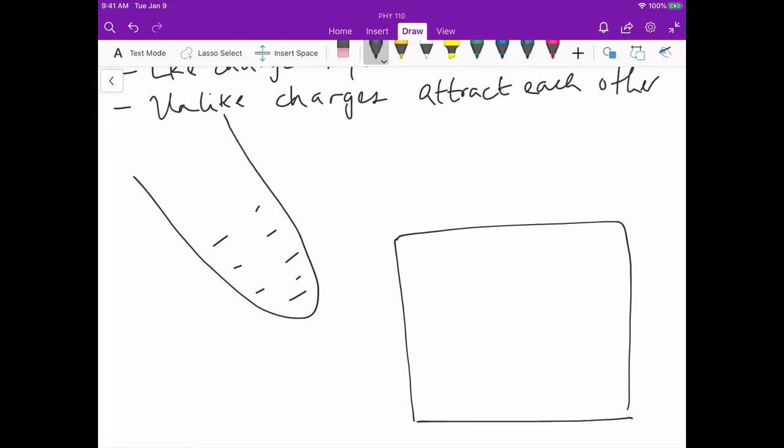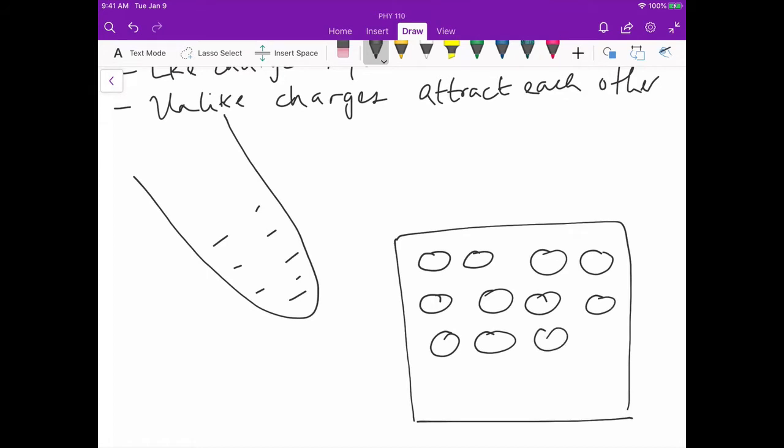They have atoms inside, and in a conductor, the charged particles are not really free to move, but they can shuffle around within their space. That means in every atom there's a positive and a negative one. You can imagine those are atoms, the same thing in pretty much every material.